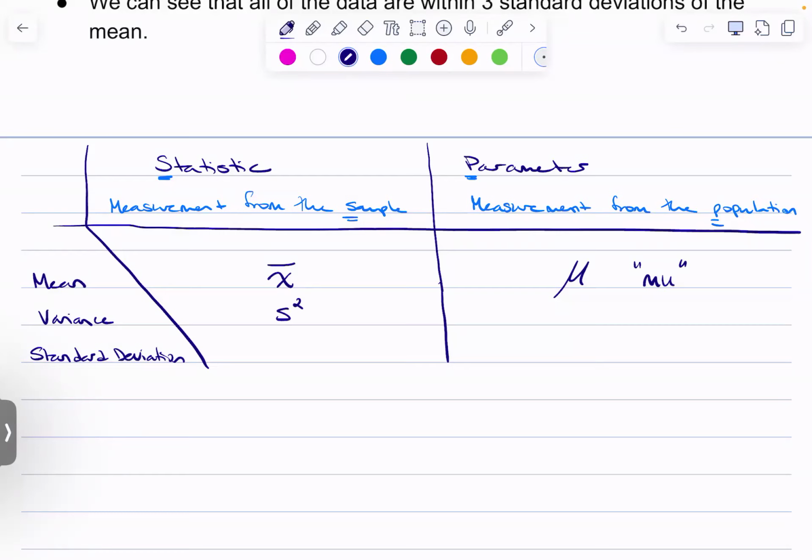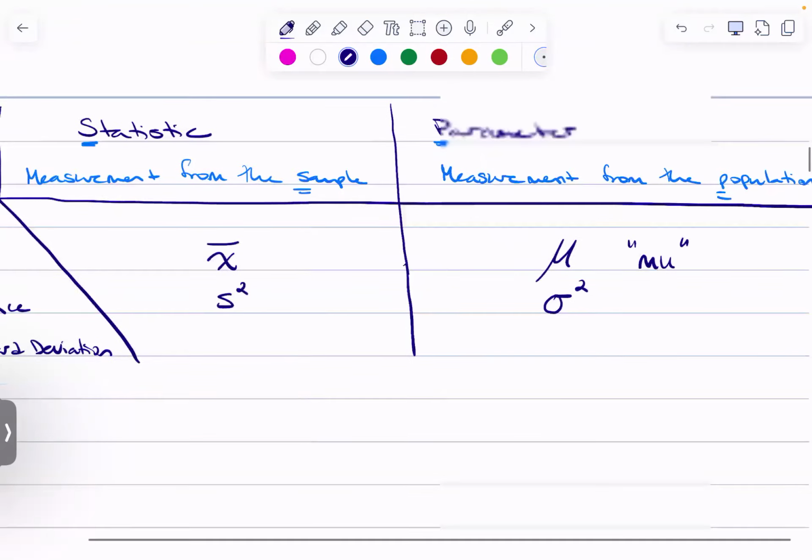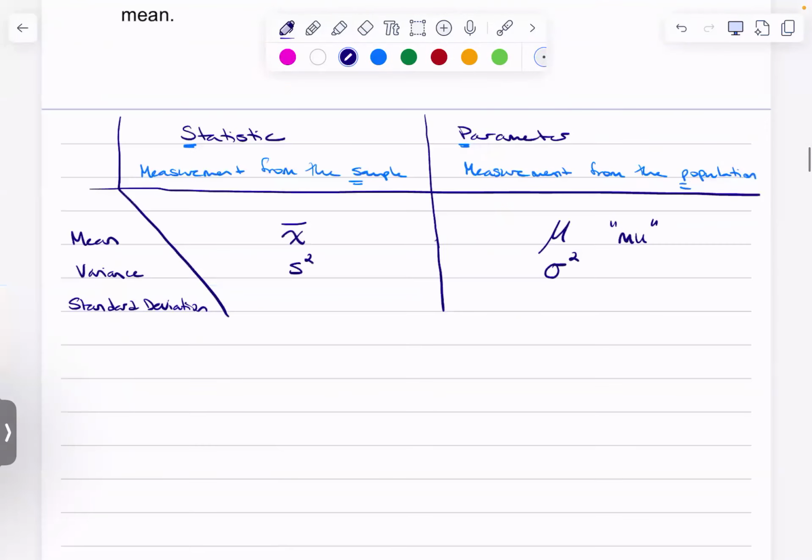Whereas for the parameter, or the population, our variance is denoted by a lowercase sigma, which is just kind of an O with a tail on it, squared. So this is sigma squared.